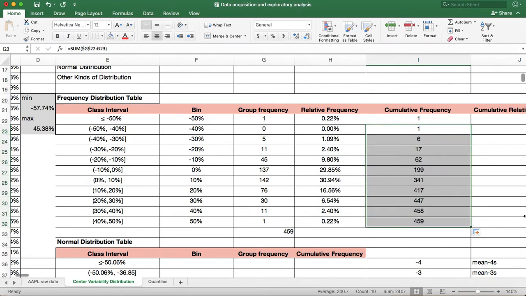We got the cumulative frequency. Pay attention, the last number of the cumulative frequency must equal the total of the data points in the data set.